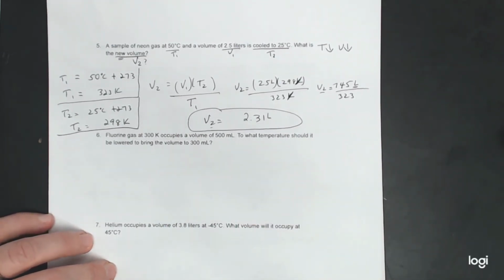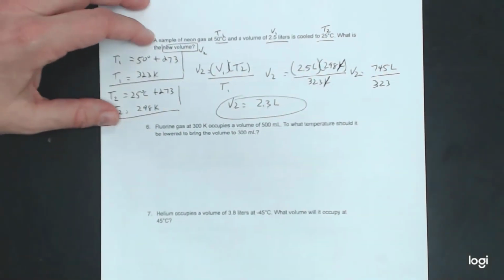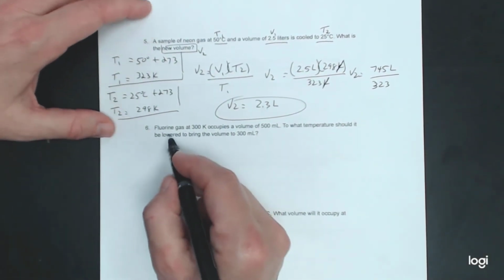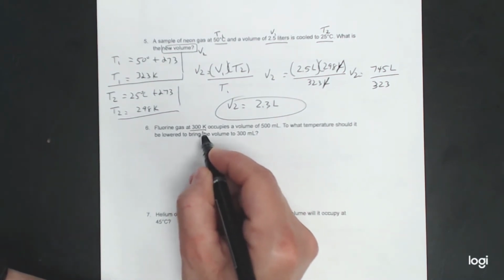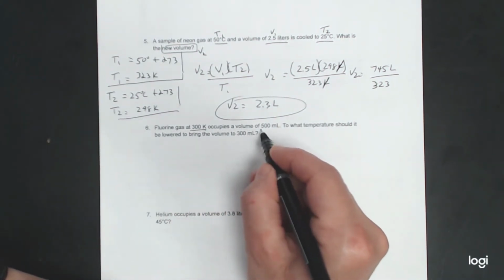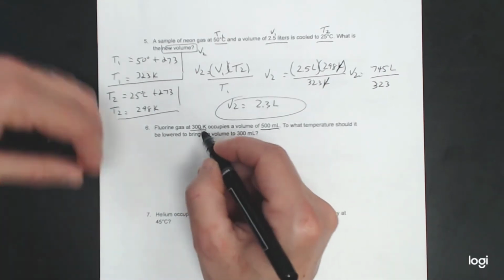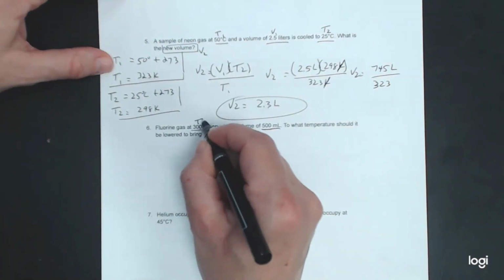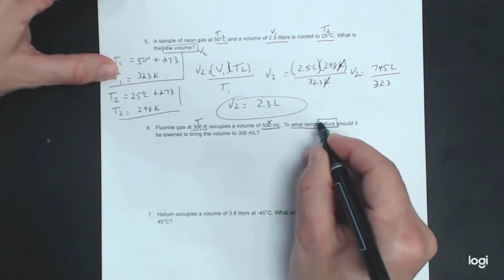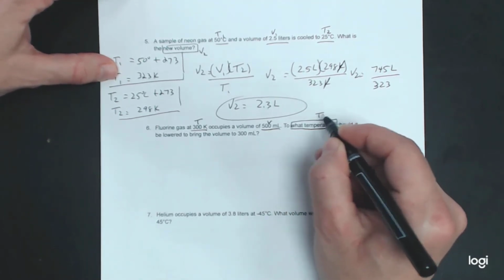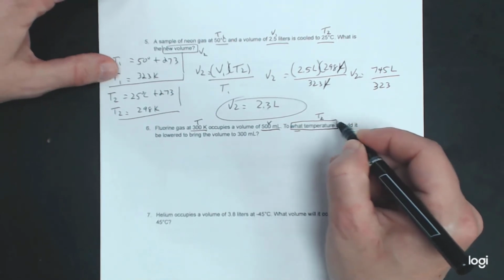All right, cool. All right then, let's take a look at number 6. It says fluorine gas at 300 K, that's nice, it's already converted to K, occupies a volume of 500 milliliters. So right off the bat, we know that we've got a temperature here, we have a volume here. To what temperature? We know we've got another T, and we don't know what that T2 is.